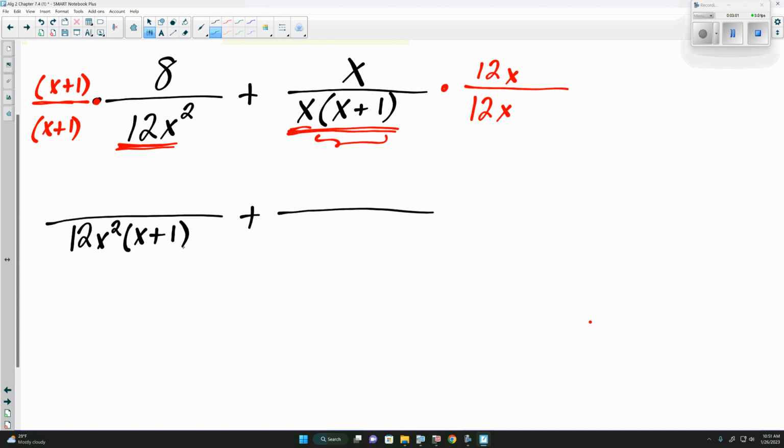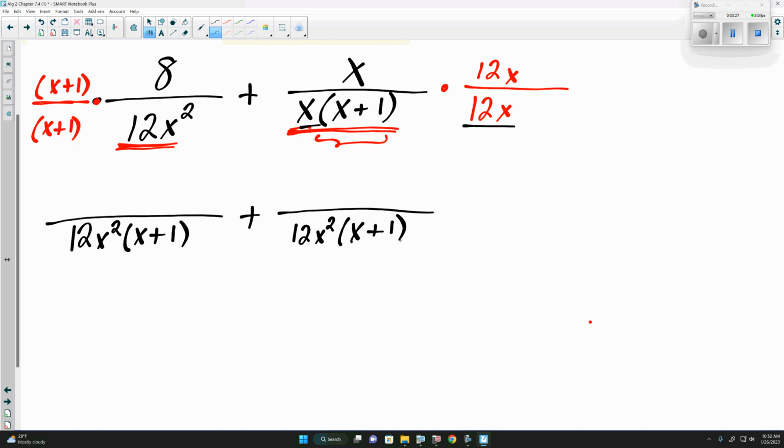And the reason for that is because if there is something in common on top and bottom, once we finish adding or subtracting, we need it factored. 12x squared times x plus 1 is already factored. If we multiply it through, we're going to have to undo it later. On the other side, 12x times x is 12x squared. We have it multiplied by the x plus 1. So the two denominators are the same.